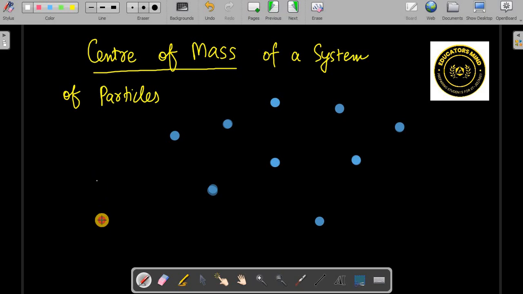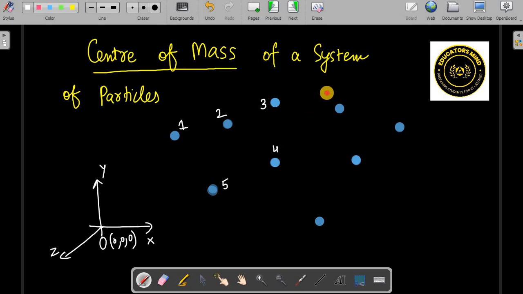With respect to a particular coordinate system, let us draw a frame of reference x, y, z. This is the origin 0, 0, 0. With respect to this, this is the first particle, this is the second, third, fourth, fifth, sixth, and so on. And this is the nth particle. So we are taking n number of particles.